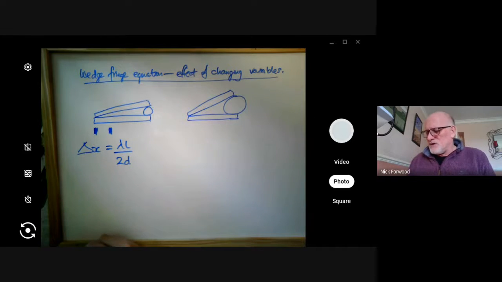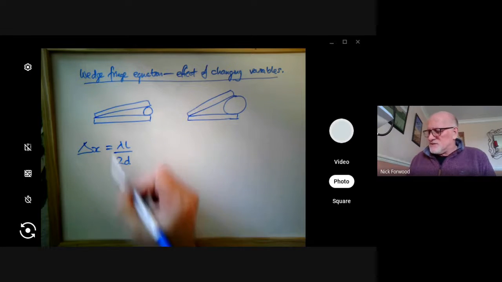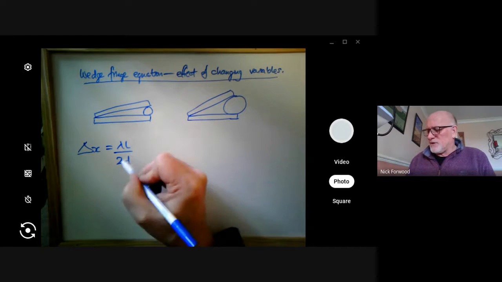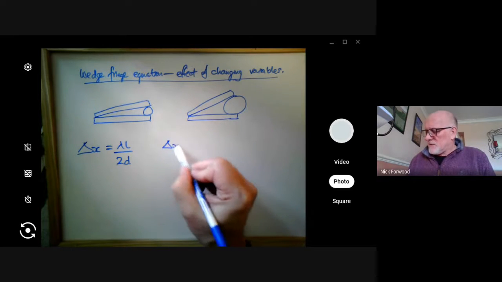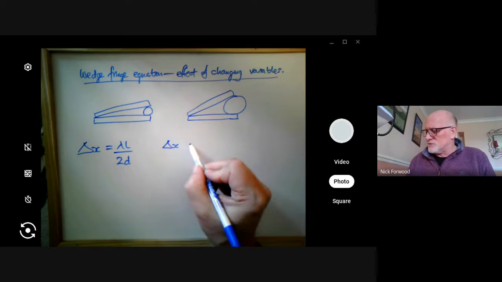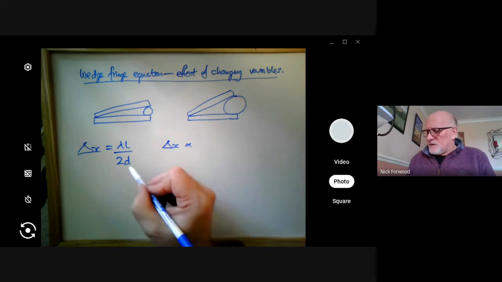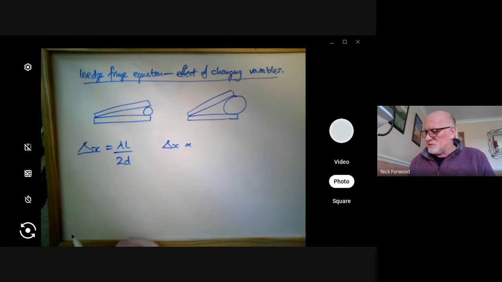So let's do these one at a time. The first thing we're going to look at is what happens to the fringe spacing if this becomes bigger. Well, everything else stays the same, so lambda L divided by 2 is a constant. So delta x is equal to some constant, which could be lambda L over D, because that's staying constant.